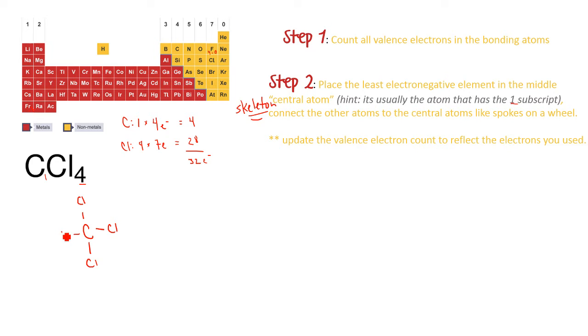Who you put in the middle and how you attach things is incredibly important. So I've just followed step 2. I placed the chlorine around the central atom like spokes on a wheel. And now it says that I need to update the valence electron count to reflect the electrons we used. So when chlorine and carbon bump into each other, they each have to share. I mean, that's what sharing is, right?